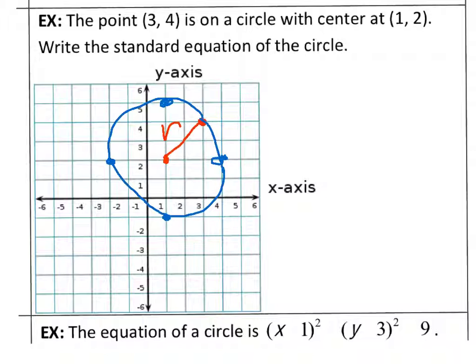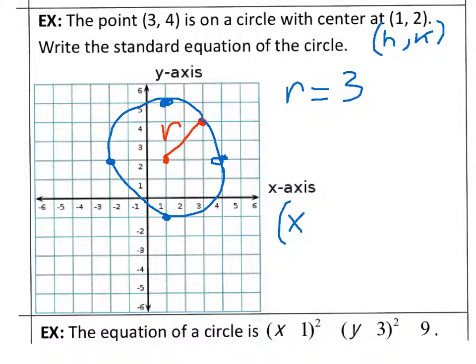I've done that, my radius is 3, and so if I want the equation of a circle, it's just going to be x minus my, let's see, center is at h, comma, k, so at 1, 2.